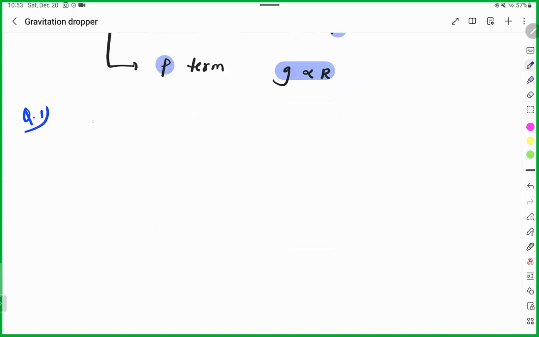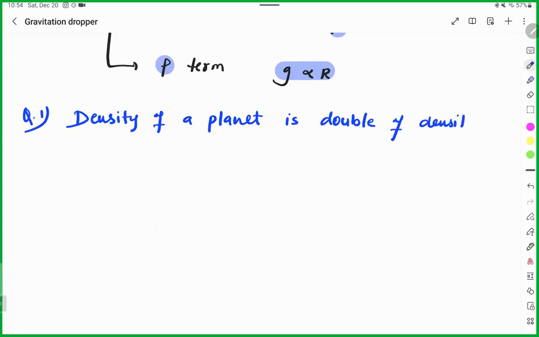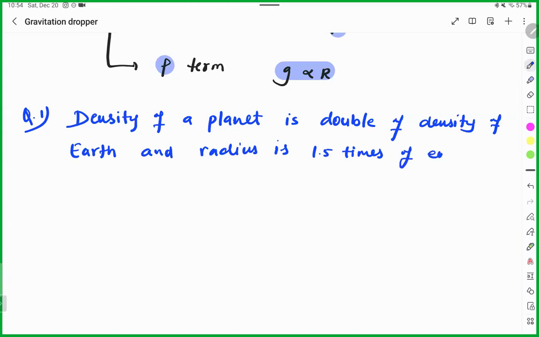Question: the density of a planet is double the density of Earth, and radius is 1.5 times that of Earth. Make it fast because this is a very easy question. What will be the acceleration due to gravity g value of the planet?